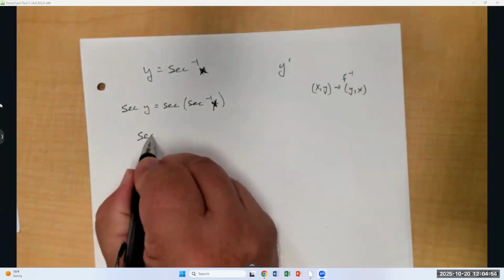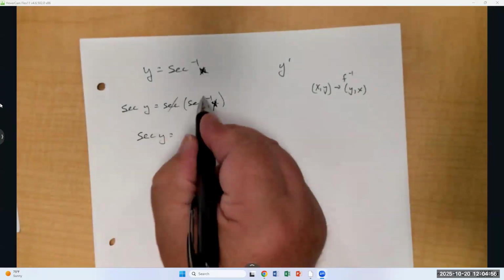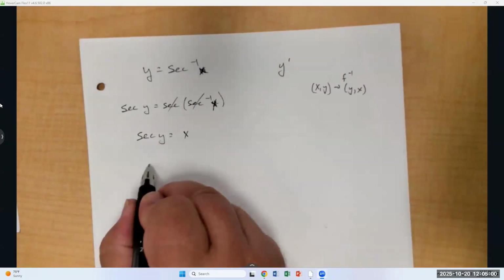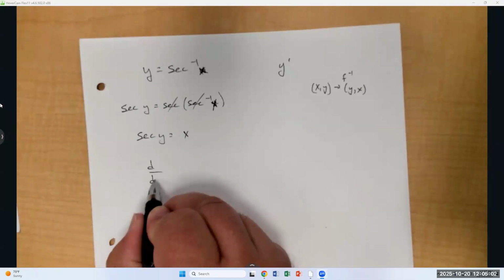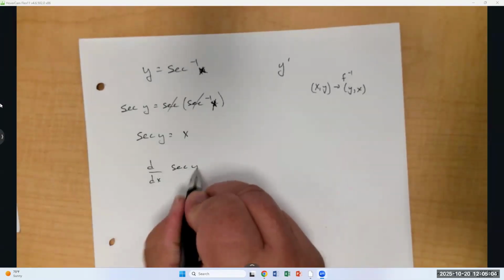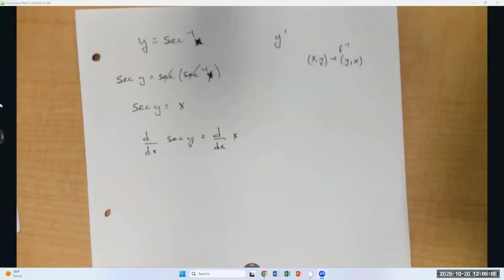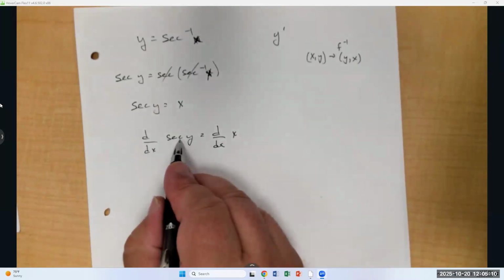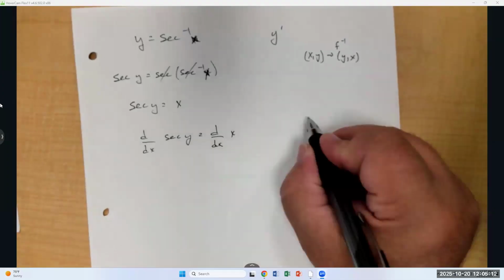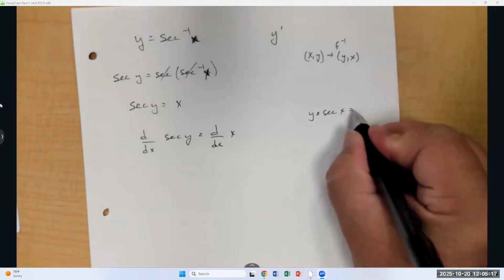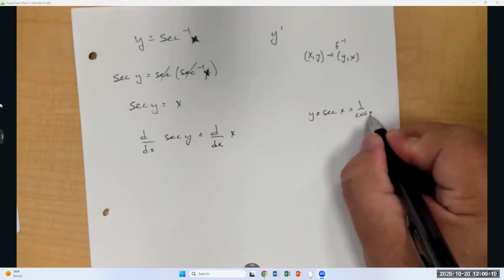So the secant of y, these two cancel, so it equals x. So now we take the derivative of both sides. The derivative of secant is 1 over cosine.